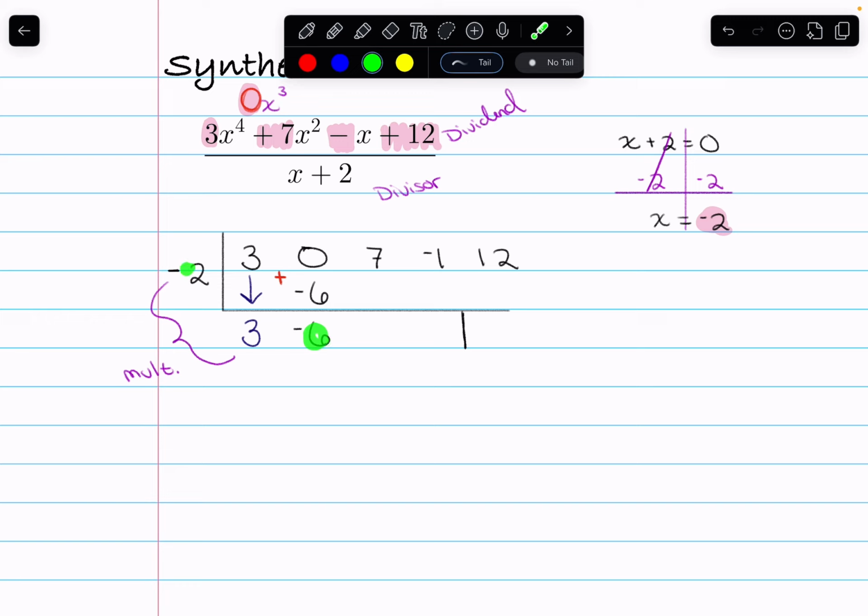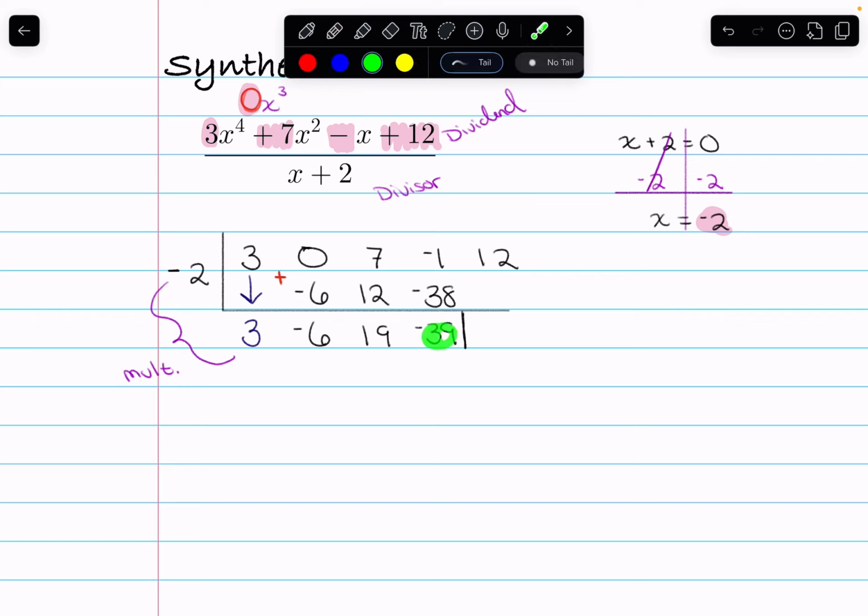Negative 6 times negative 2 is a positive 12. 7 plus 12 is 19. Repeat the pattern again, all the way over. 19 times negative 2 is a negative 38. Negative 1 plus a negative 38 is a negative 39.